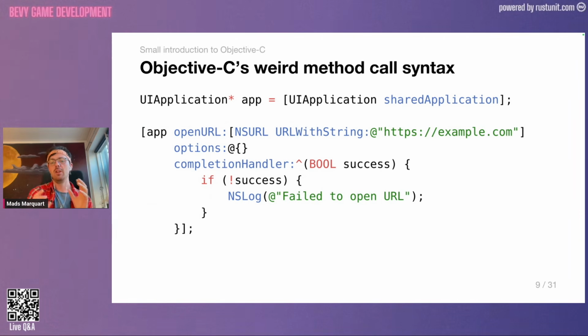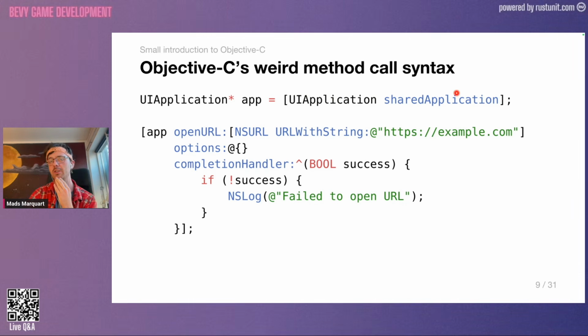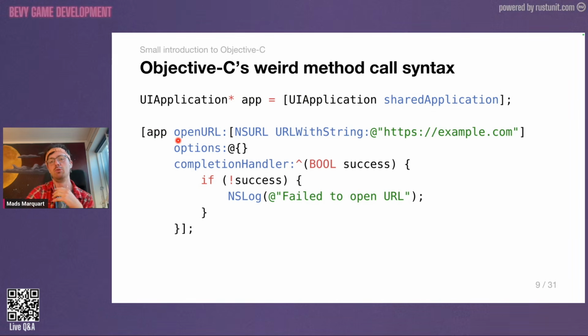In Objective-C, the way you call a method is with these weird square brackets. This is a method call. So you have the class UIApplication, and then you call the sharedApplication method. And then you get an app, and then you can use that to call something else.